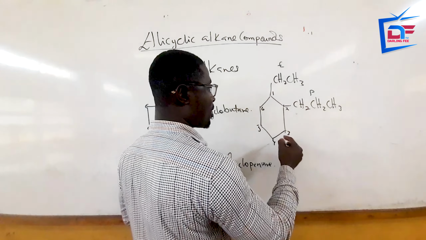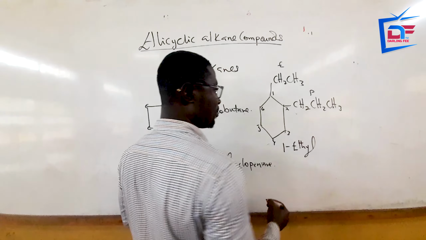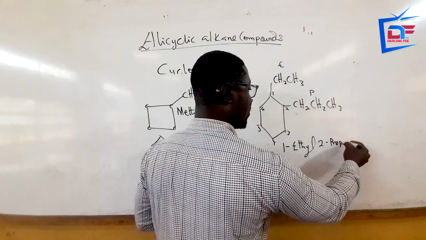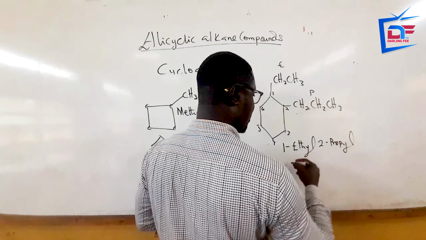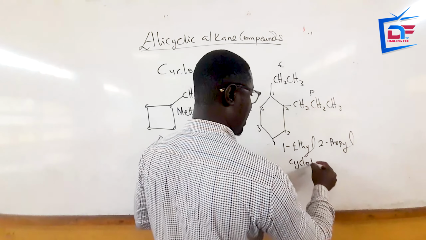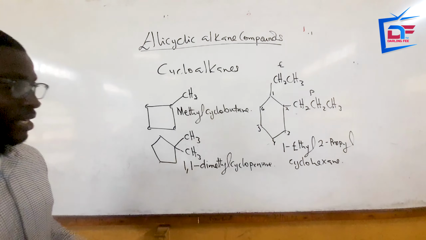So that will give me 1-ethyl-2-propylcyclohexane. Alright, so that is what we are going to get from this.